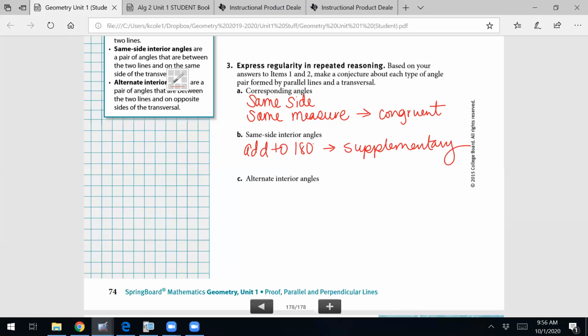Okay, so your same side interior are going to add up to 180, which means they are supplementary. All right, C, alternate interior angles. What did we notice about those? Same measurement. So since they measure the same thing, what are they? They are congruent.